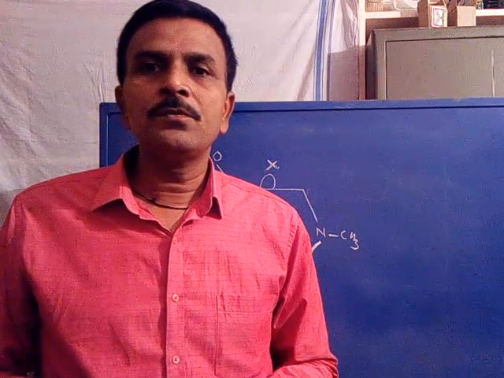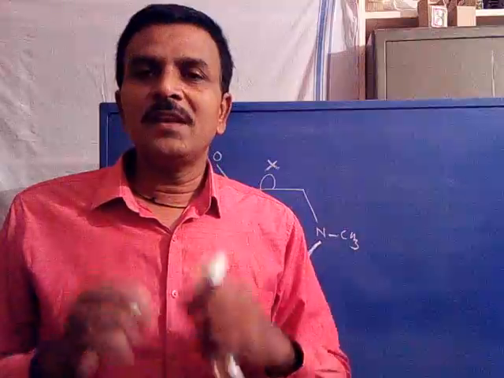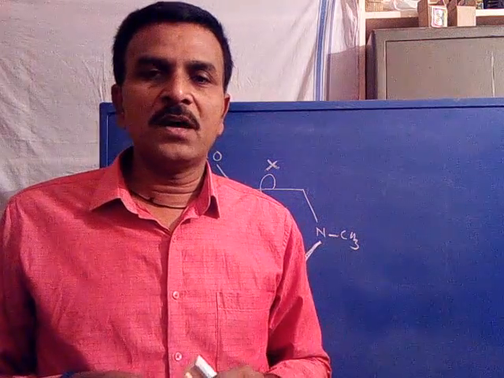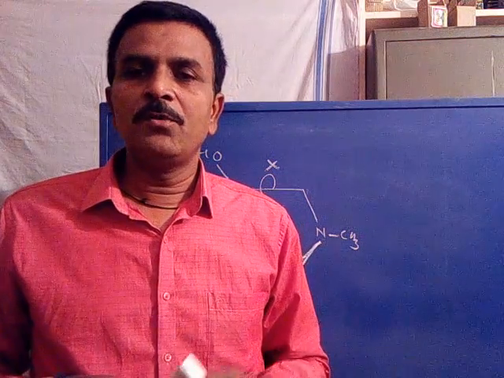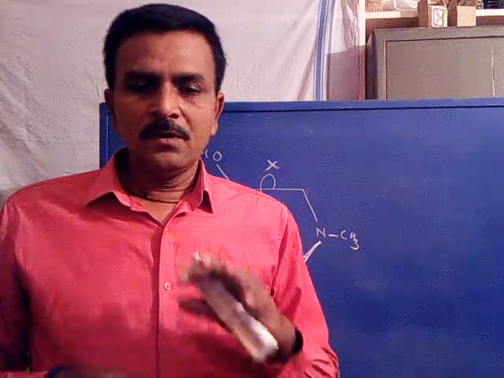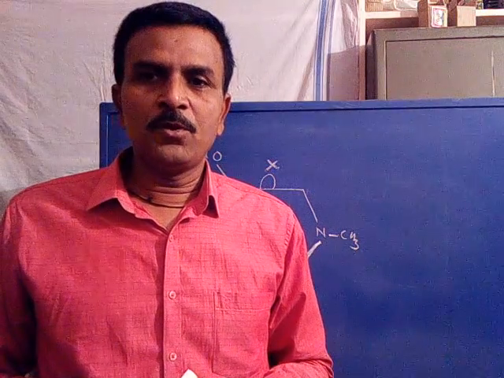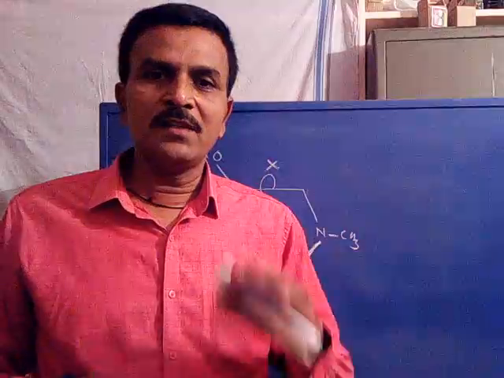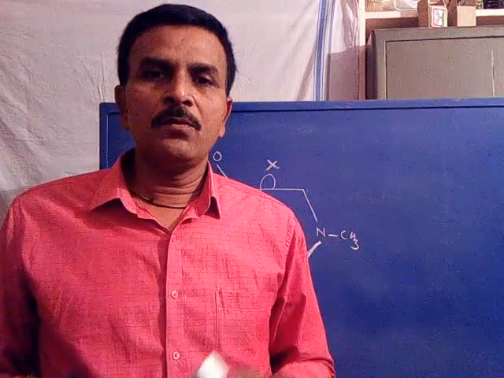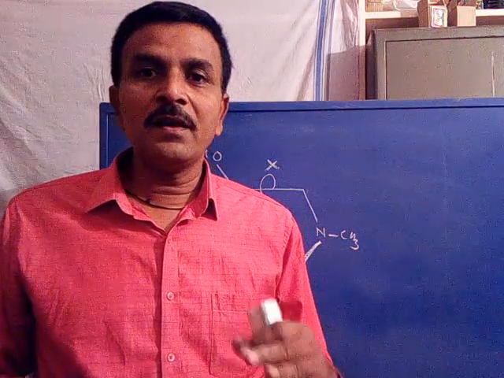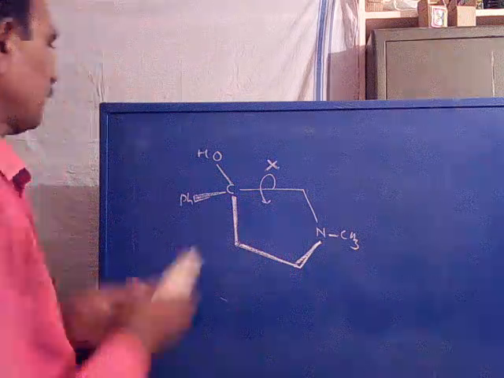Now we are going to study the discovery of four drugs: one is oxamniquine, the other one is salbutamol, the other one is cimetidine, the other one is captopril. These are the four drugs included in the syllabus, for which we study their discoveries.